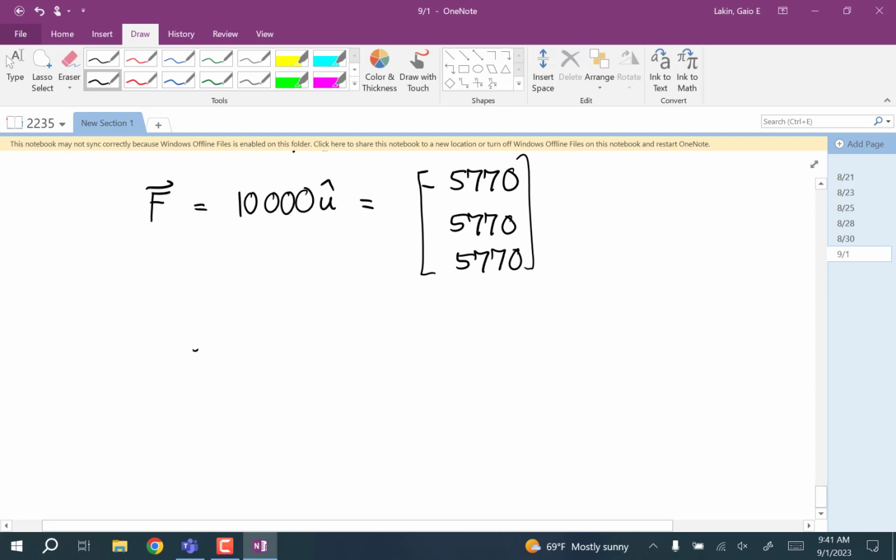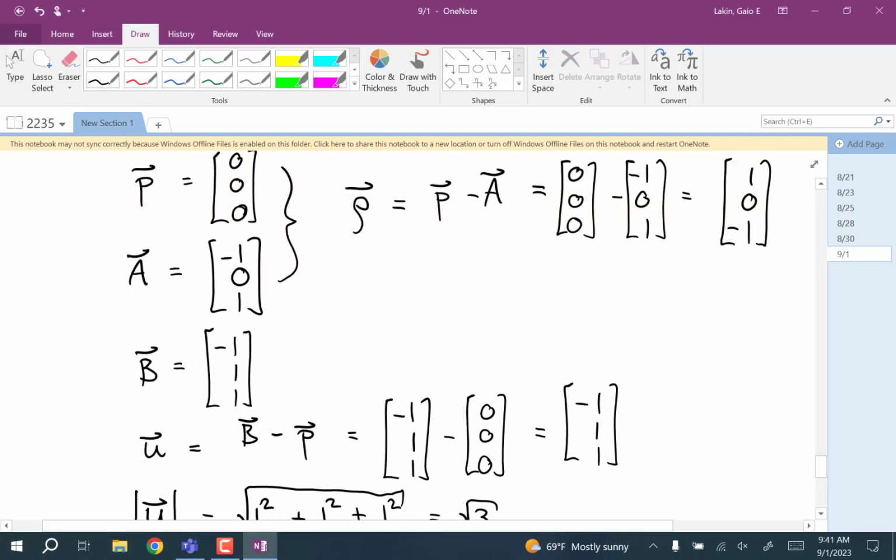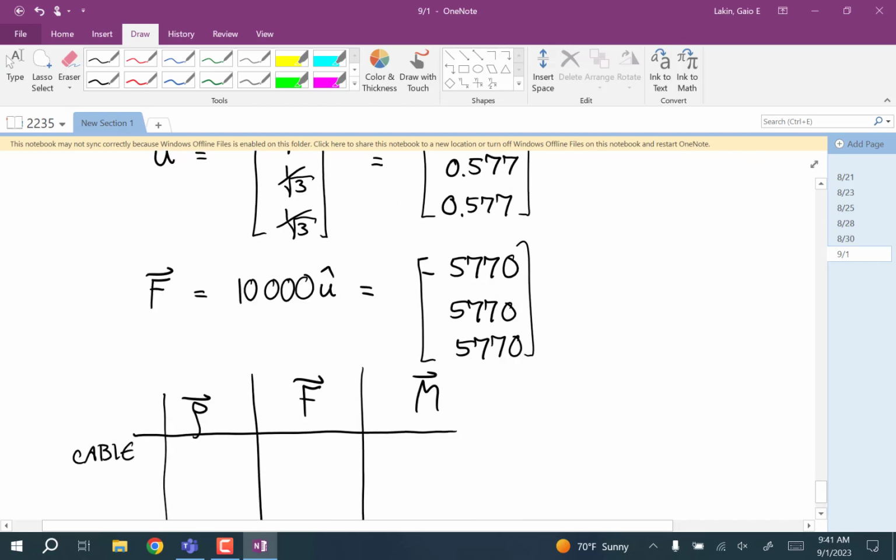And now I'm going to write out the row of the table for this. So we have the row vector, the force vector, the moment vector. We're doing the cable force. So the row vector was 1, 0, -1.